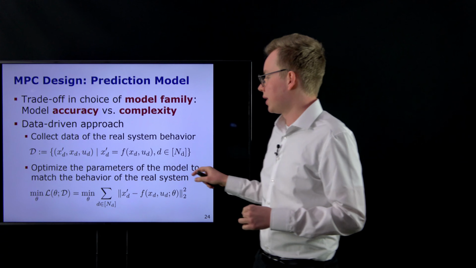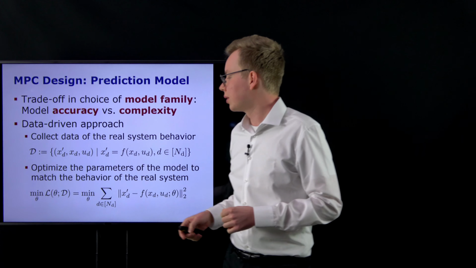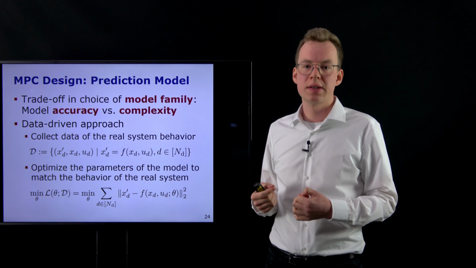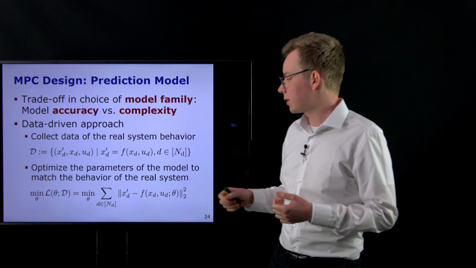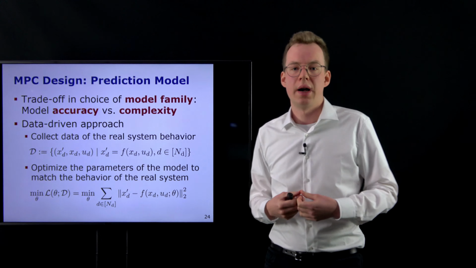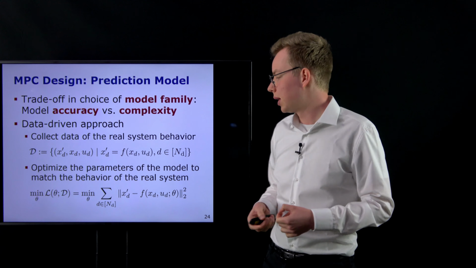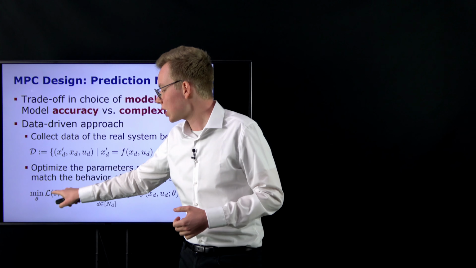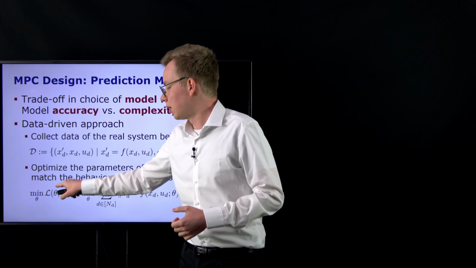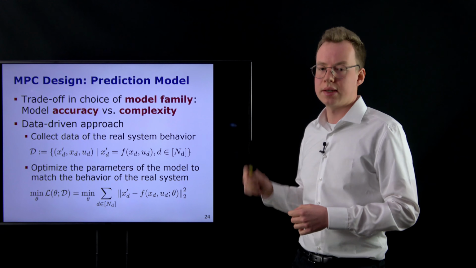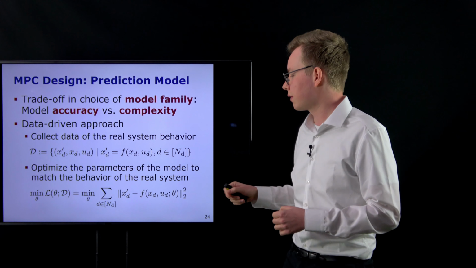And our task will then be, if we have this data set, to optimize the unknown parameters, such as drag and friction. We can collect them into this parameter vector theta, and then we can again cast this as an optimization problem. We want to minimize a loss function over this data set by making a good choice of these parameters.